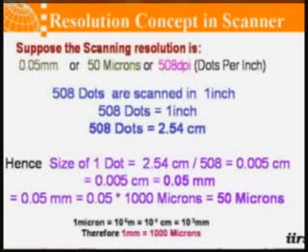So 1 millimeter is equal to 1000 microns. So you can say 1 micron is equal to 1 by 1000 millimeters, that is, 10 to the power of minus 3 millimeters.